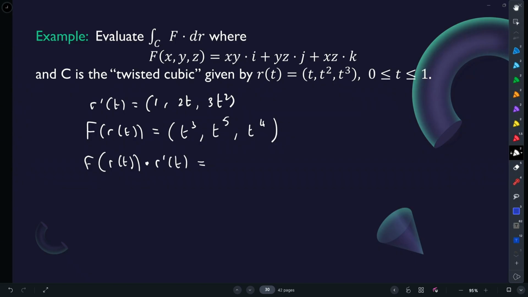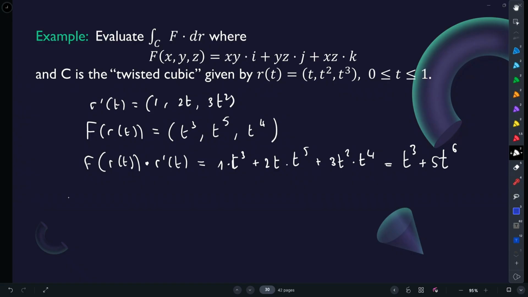So you do the dot product of those two, and you're going to get 1 times t cubed plus 2t times t to the 5 plus 3t squared times t to the 4. That is t cubed plus 5t to the 6.